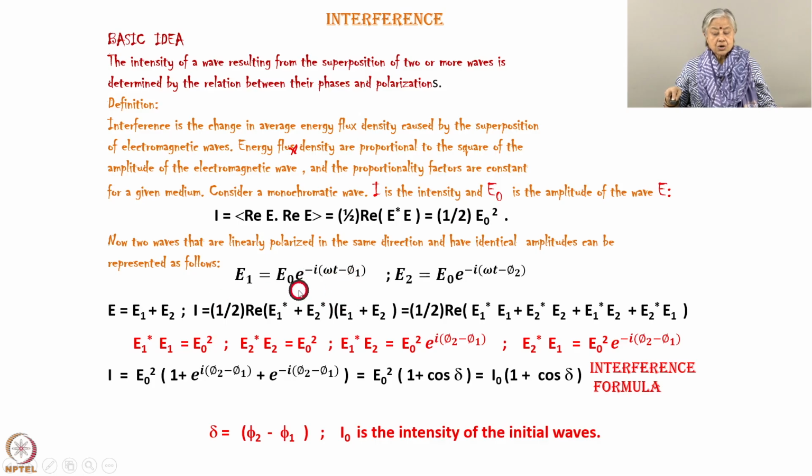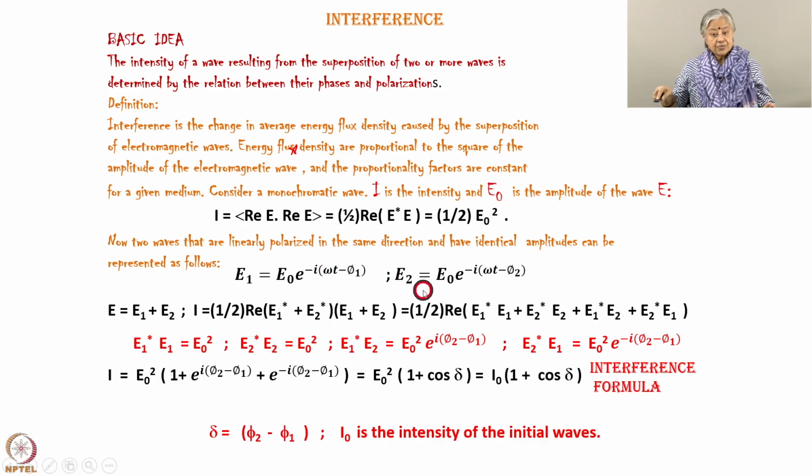This is the phase related to the first wave, which is E1, and E0 happens to be its amplitude. And omega is the frequency. There is only one frequency, because I have said it is monochromatic. So, we will strictly adhere to that.